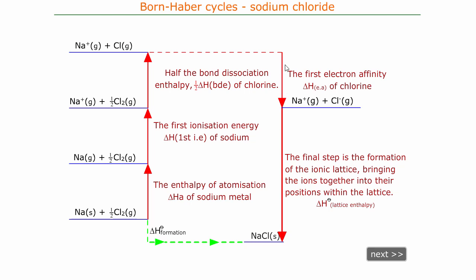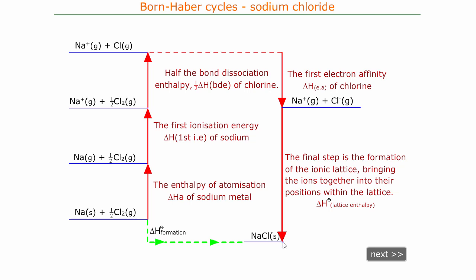So it will be the negative of the first electron affinity, minus half the bond dissociation enthalpy, minus the first ionization energy, minus the enthalpy of atomization, plus the enthalpy of formation, and that will take us from here to here as well. So that will give us the same value.